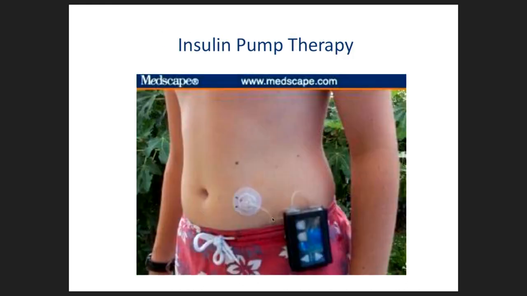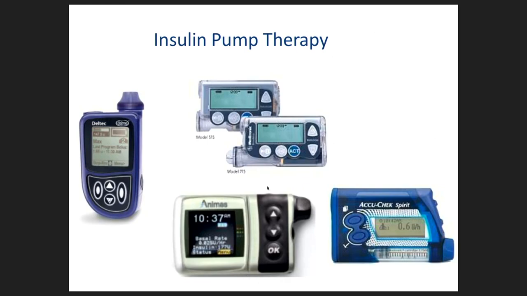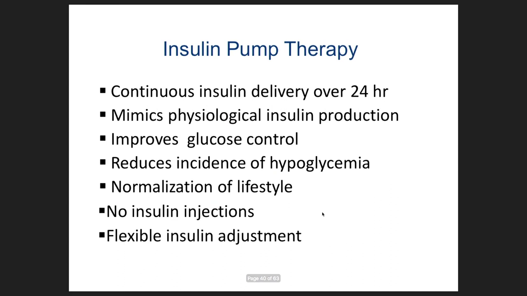Insulin therapy is a very important, very good diabetes technology to improve the control of children, and it is one of the best modalities to deliver insulin worldwide. Insulin pump therapy has also improved from the past, from big machines to recently small pager-like machines to deliver the insulin.